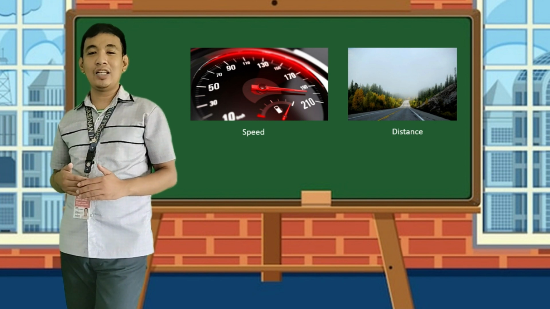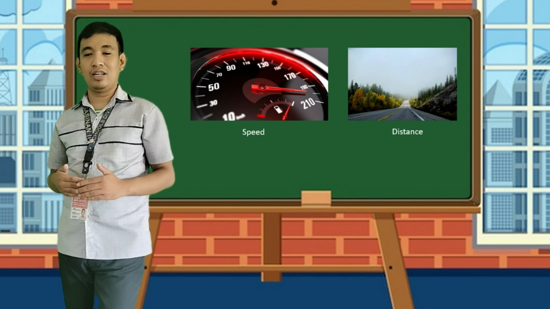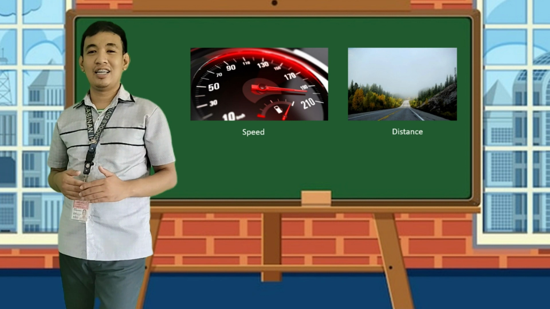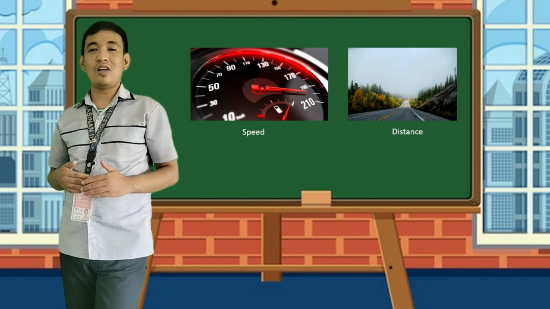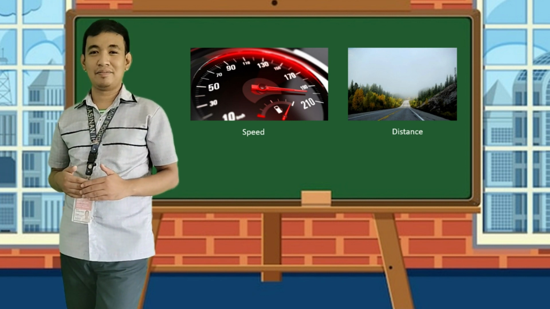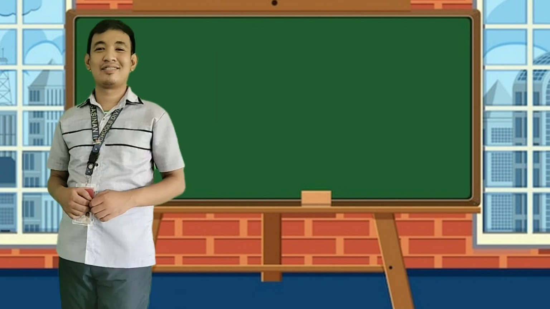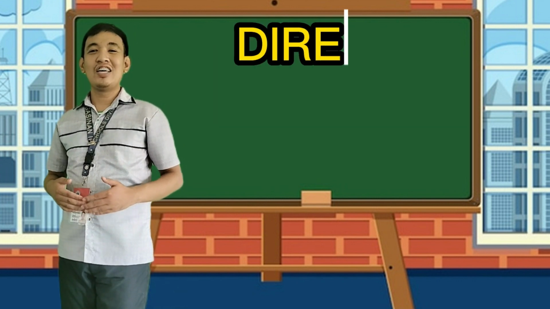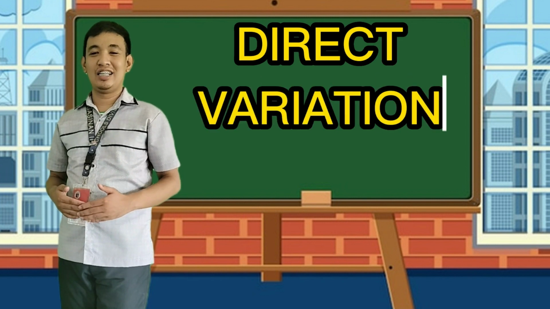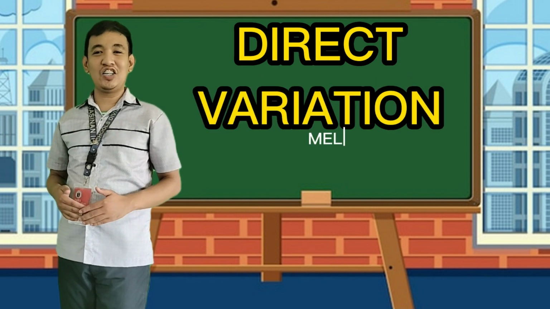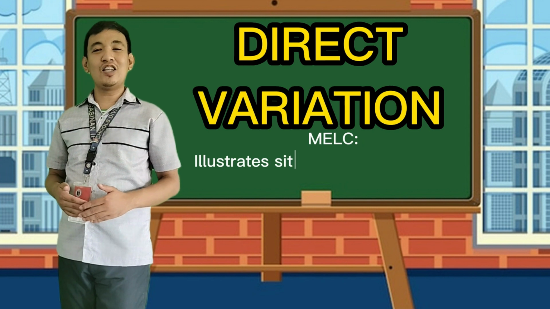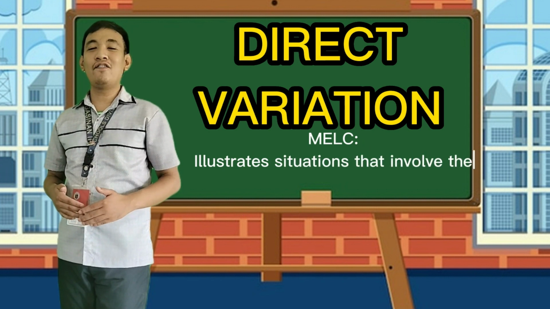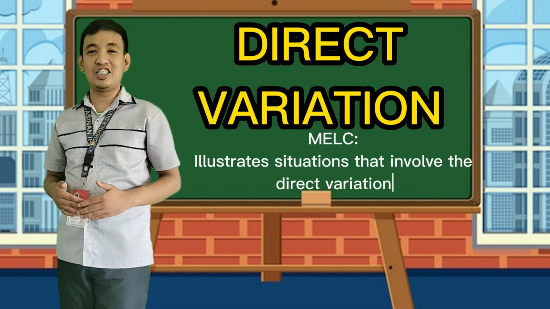What will happen to the distance you travel? Correct! The distance covered will also be lesser. These situations are examples of direct variation. And the most essential learning competency is to illustrate situations that involve direct variation.